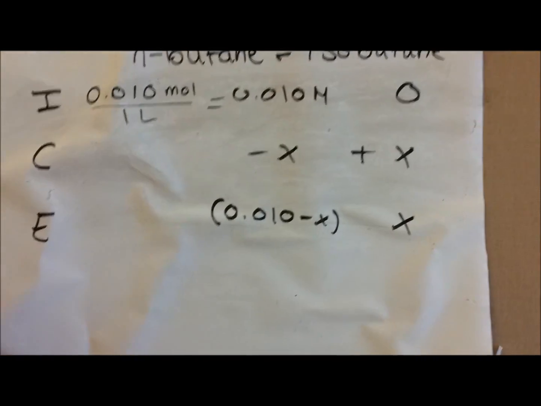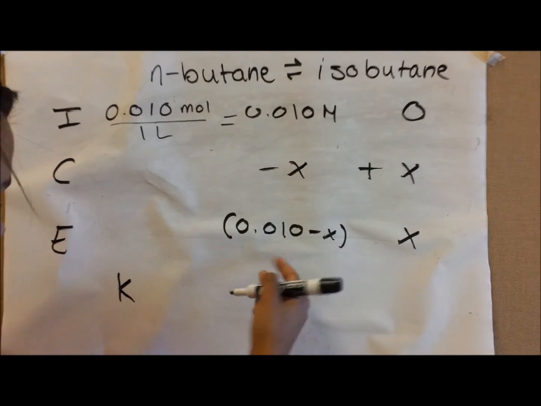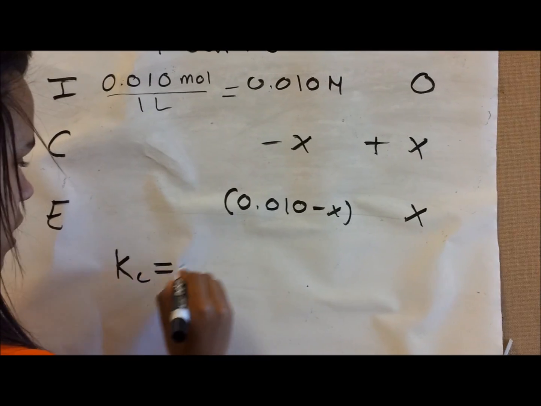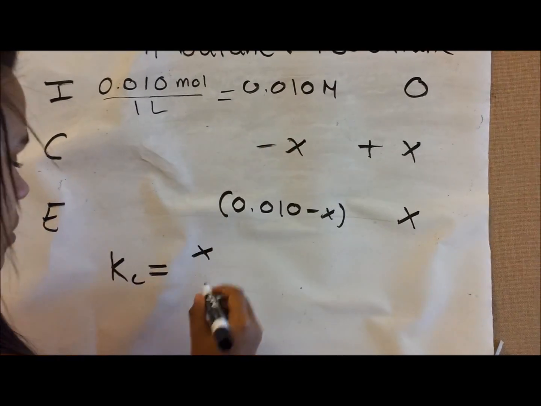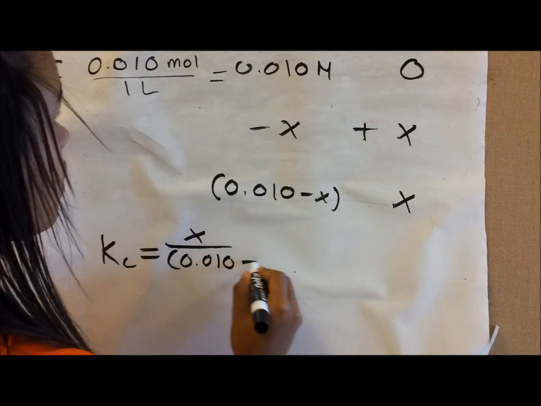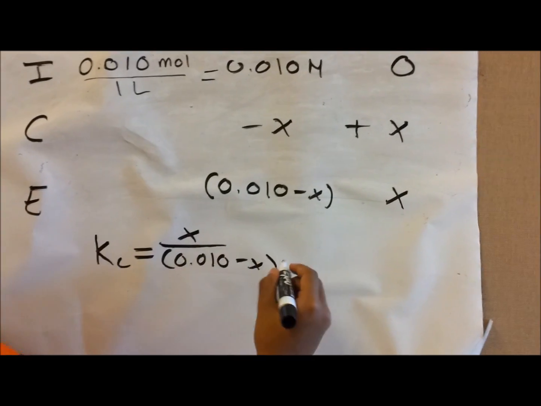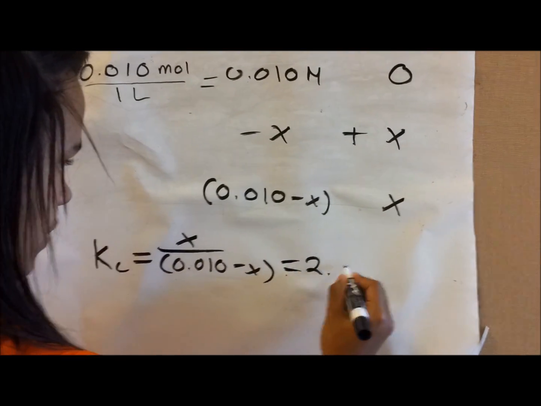Plugging that back into the Kc equation, you get concentration of products over reactants. So Kc equals the concentration of isobutane over the concentration of N-butane, and Kc is equal to 2.5.